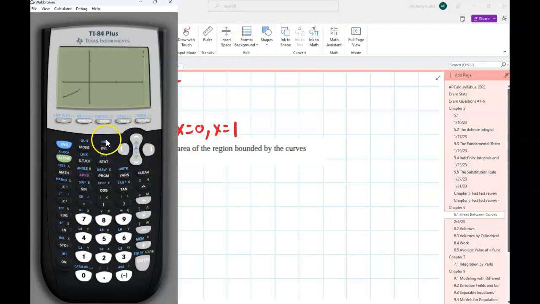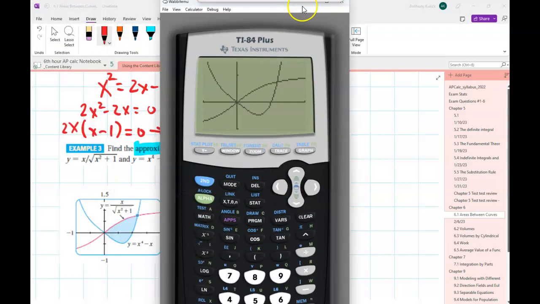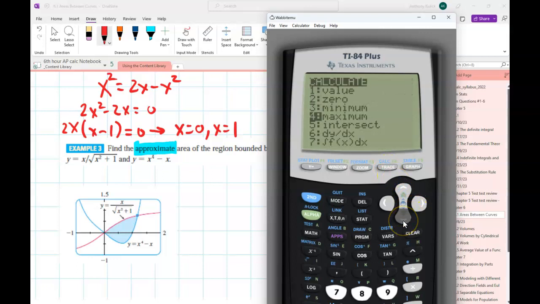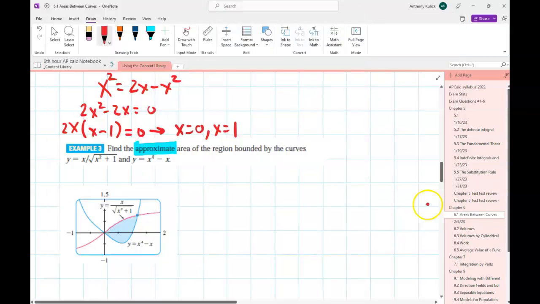Seems good to me. So there's the top and here's the bottom. Now this one, I can clearly see that if I put 0 in for x, I get 0 equals 0, so I can do that without my calculator. To get the other intersection, though, is going to be a problem. So, intersect command.